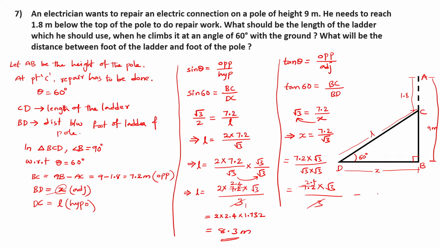So when you multiply 2.4 and root 3, you get around 4.15 meters. So the distance between the foot of the ladder and the foot of the pole is 4 meters approximately, and the length of the ladder we have to use is 8 meters approximately. So this is how we find these unknown parameters using trigonometry. So that's all about the 7th problem.